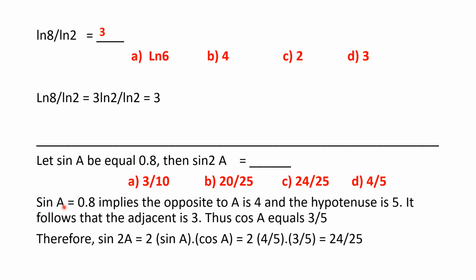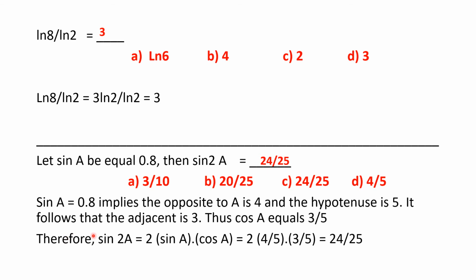Since sine A equals 0.8 implies the opposite to A is 4 and the hypotenuse is 5. It follows that the adjacent is 3. Thus, cosine A equals 3/5.